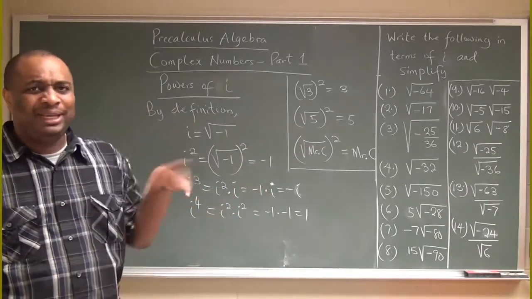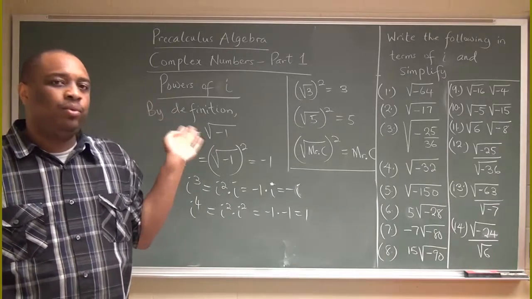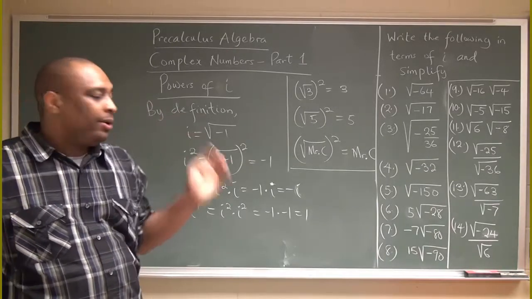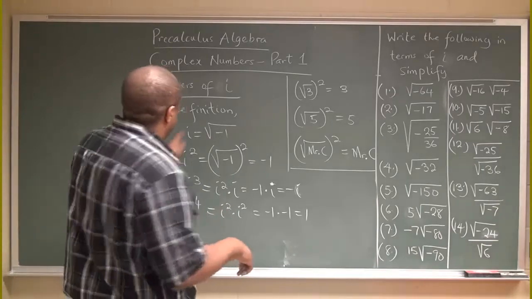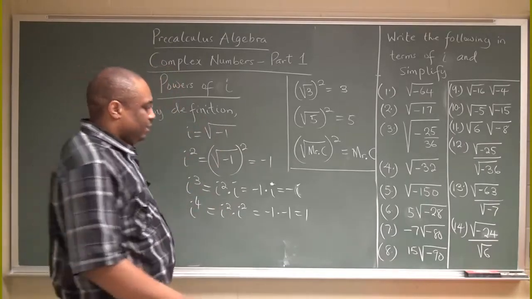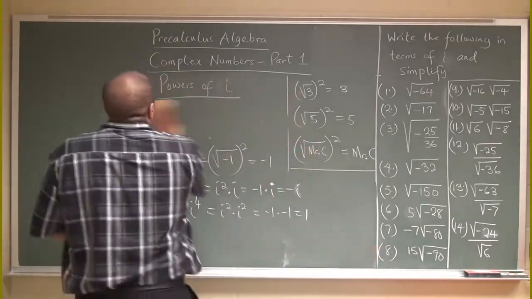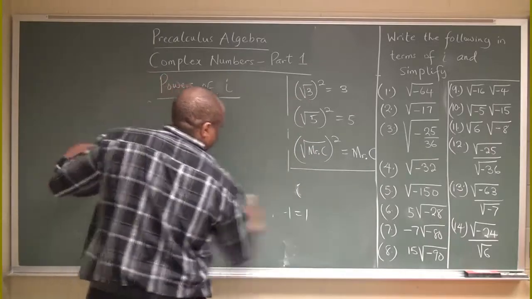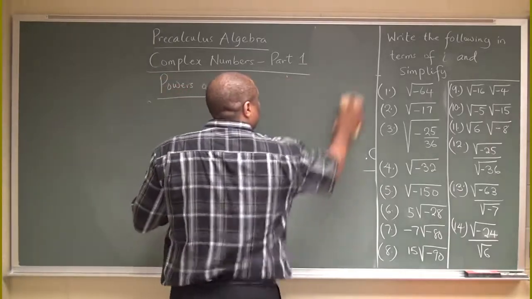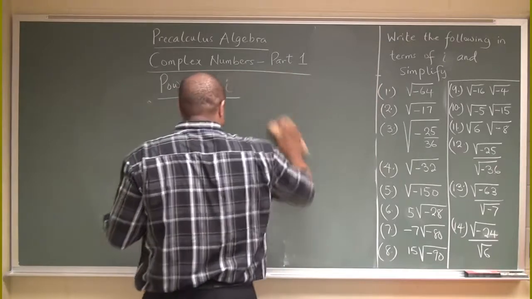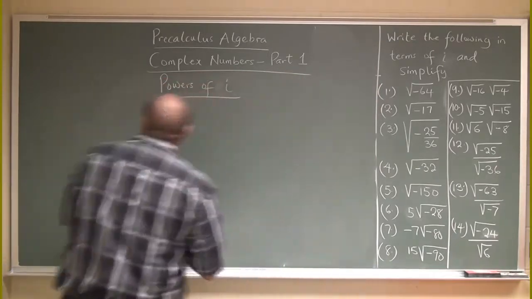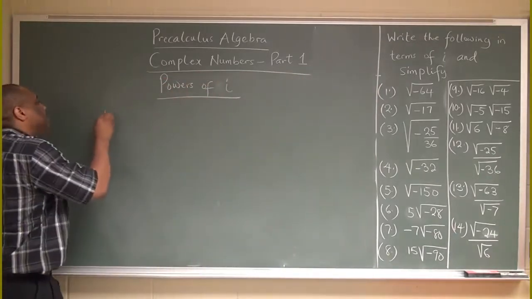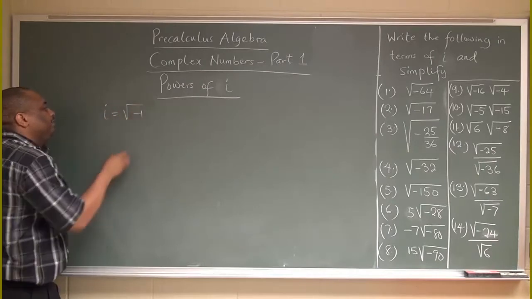And I'm going to show you the easy way of doing it. Let's go ahead and evaluate other powers of I. So we have I is the square root of negative 1.